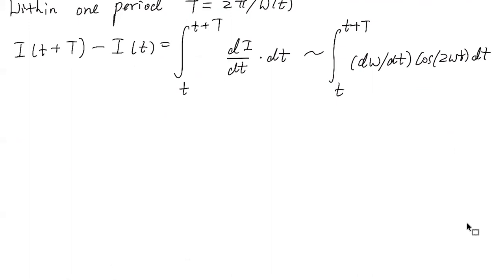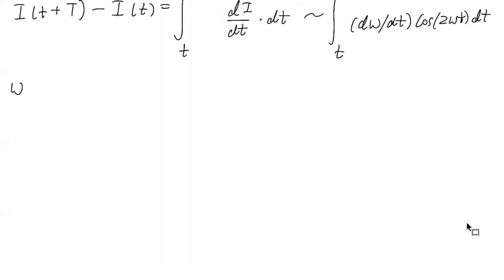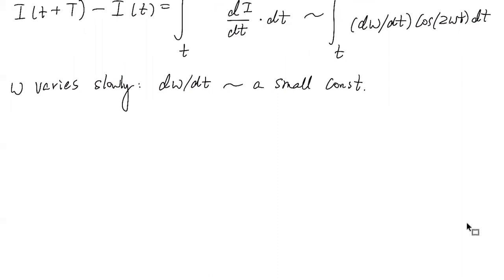As we said, if we consider an adiabatic change in which omega varies slowly, then within this interval d omega/dt can be considered as a small constant. It is indeed varying with respect to time, but very, very slowly, such that the whole process is adiabatic.